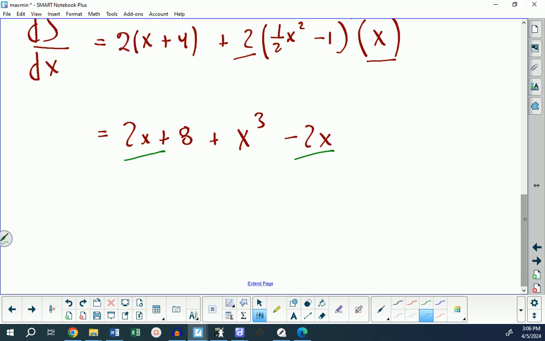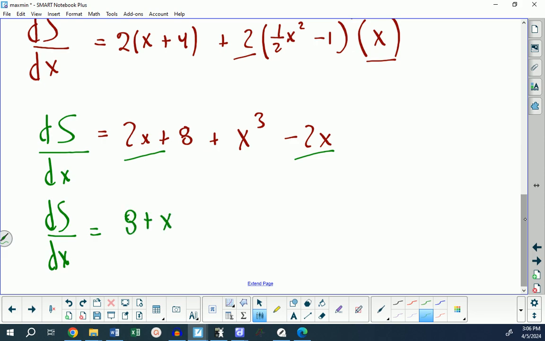Which tells me that the derivative of the square of the distance is equal to 8 plus x cubed. If you want to factor that as a sum of cubes to discover that x equals the cube root of negative 8, or negative 2, be my guest.